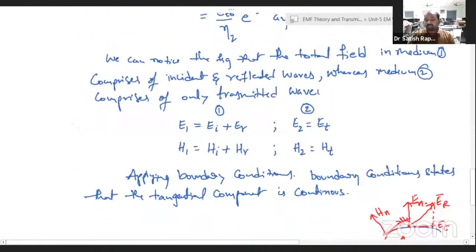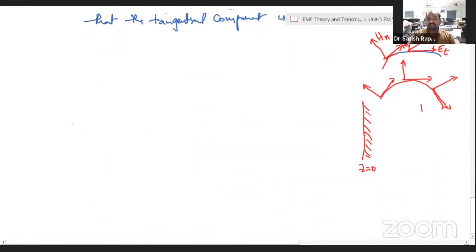Therefore at z is equal to 0, the tangential component is continuous, in the sense that at the boundary the tangential component of electric field in region 1 and the tangential component of electric field in region 2 are continuous. There will not be any change in the properties of the electric field at the boundary.